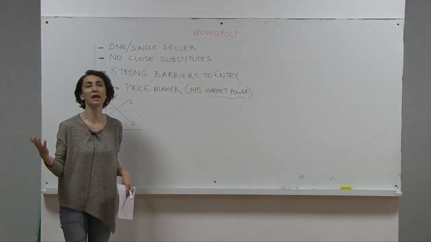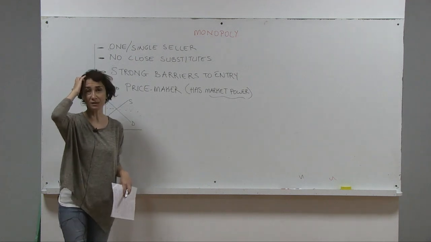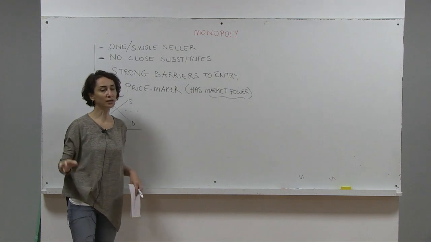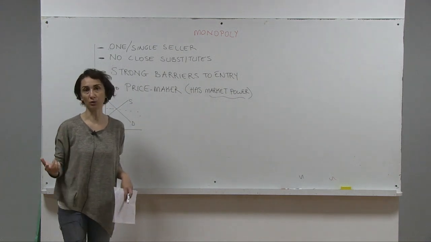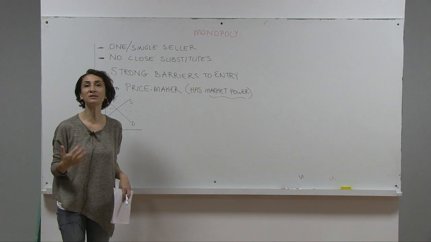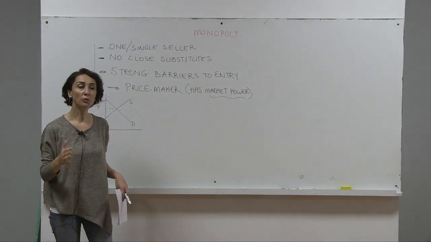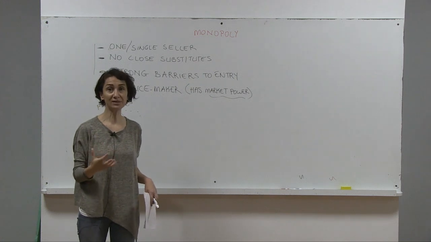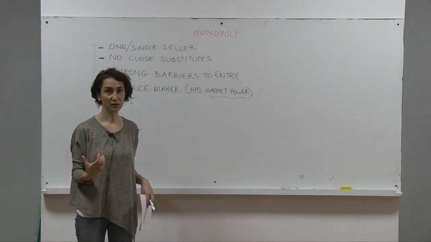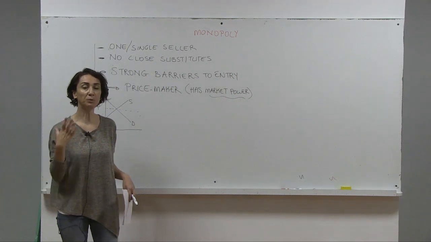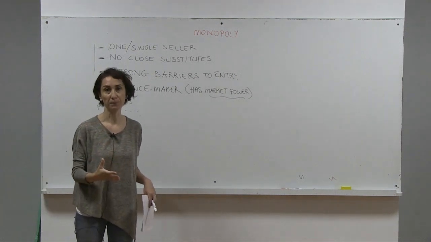It cannot say, for instance, this guy producing electricity, I will charge 500 TL per kilowatt. It cannot make a decision like that. It doesn't make sense. So being a monopoly, yes, it gives you market power, and you have to make a decision about the price you are choosing, right?